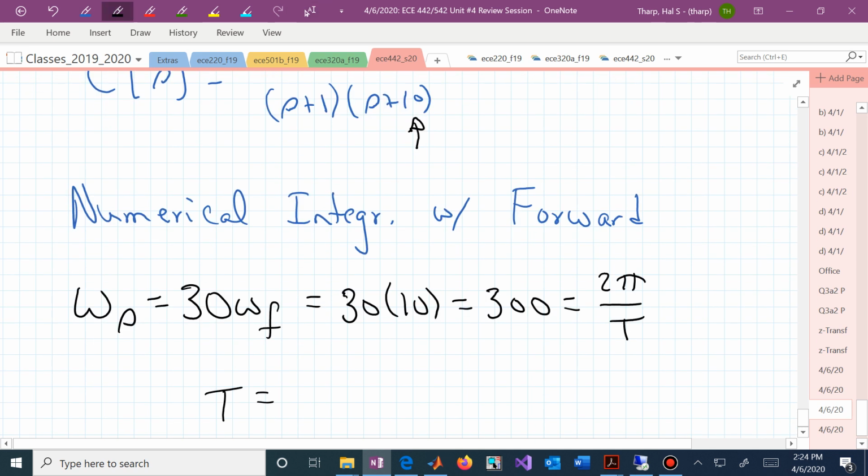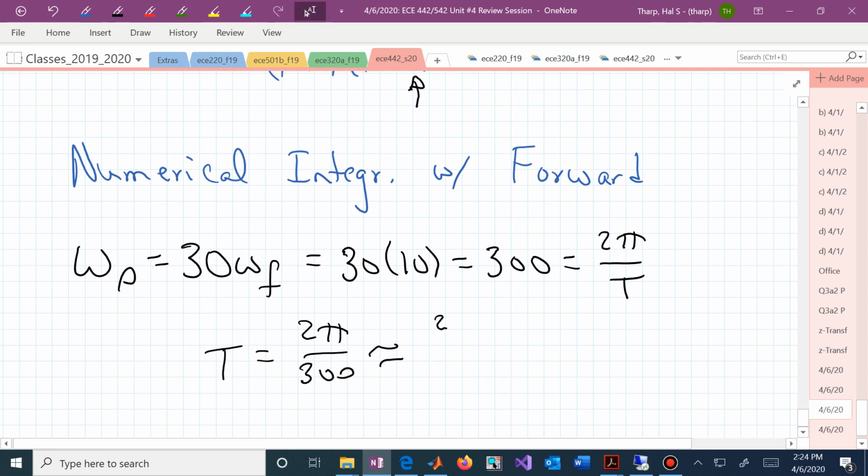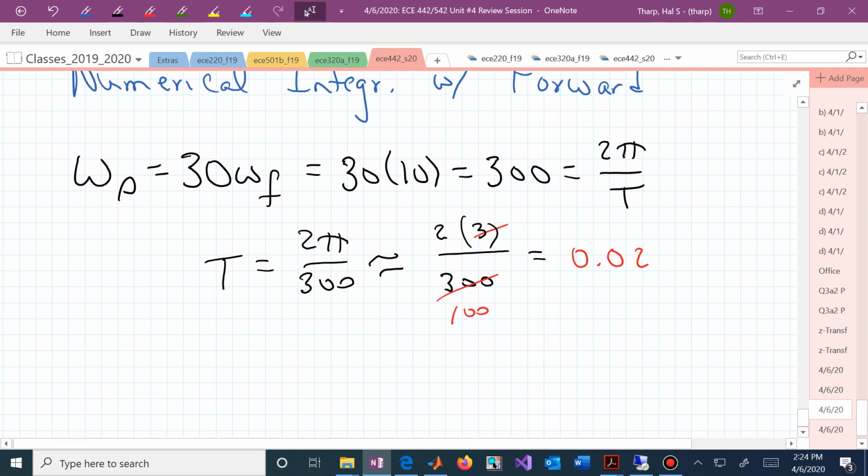Or we now know that t is equal to 2 pi over 300, which if we approximate pi with a number a little bit smaller than pi, which is 3, then we're moving in the right direction for approximation. And we could now use a sample period of 0.02.